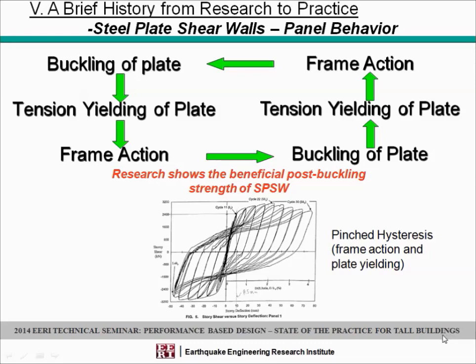The minute you initiate buckling, the plate buckles in one direction, but that invokes a tension yielding of the plate in the other direction, which mobilizes the frame action and so on. Once the frame action is mobilized, the cycle picks up again, buckling of the plate in the other direction. Then that leads to development of the tension yield in the strips in the reverse direction, and then that invokes the frame action, and it's a continuous cycle.